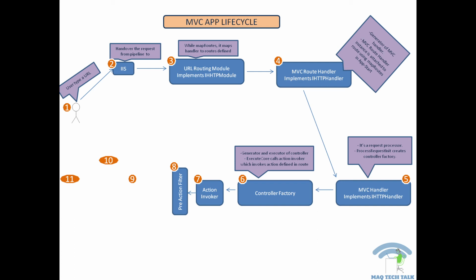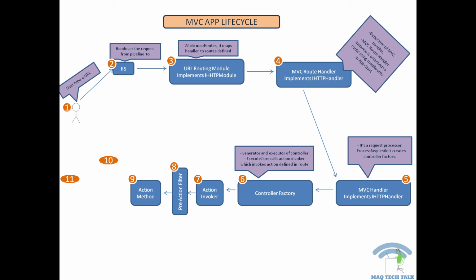For example, my authentication filter is a pre-action filter because it executes before my action method. The authorization filter we can also call a pre-action filter. Then the flow is transferred to the action method, which is the core method we have written in our MVC controller.